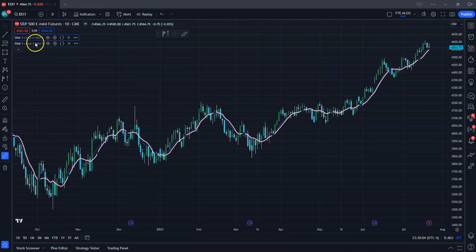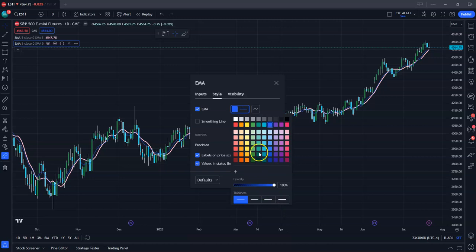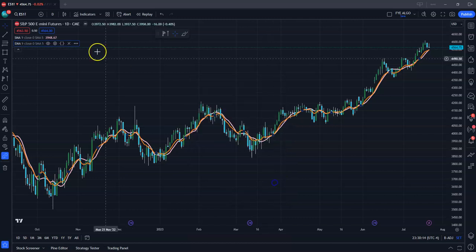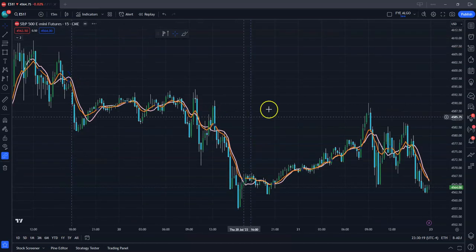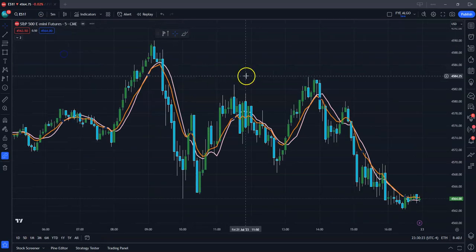By the way, guys, we are on TradingView, and we are going to change this one to orange, and there's the thickness there. And let's look at this on a smaller time frame so you can see it maybe a little more clear. Let's go to like a 5-minute.